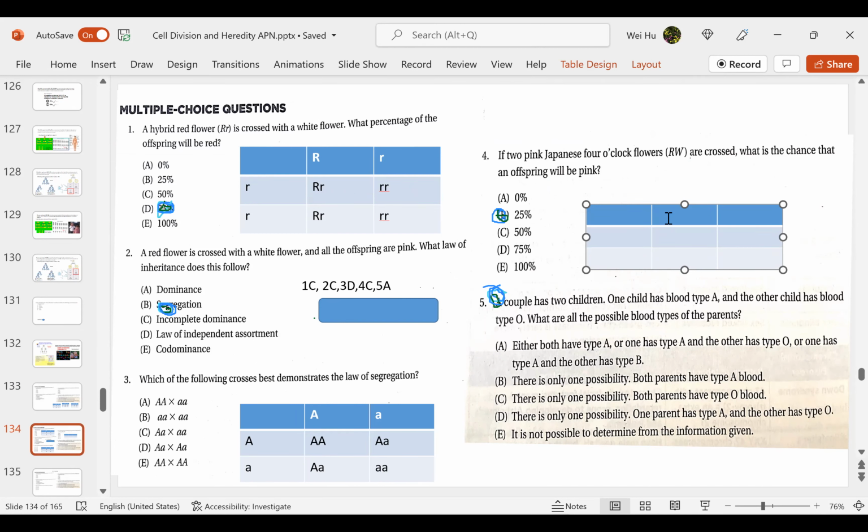R, W. So R, W. Okay, so they are incomplete dominant, I guess. So you get RR, which will be red. Okay, red.